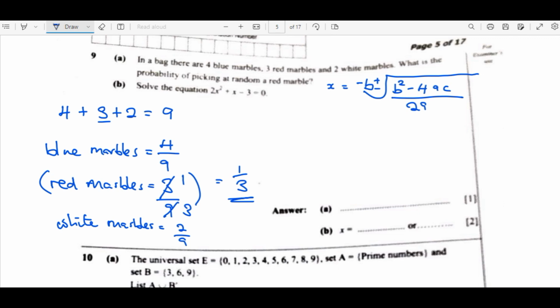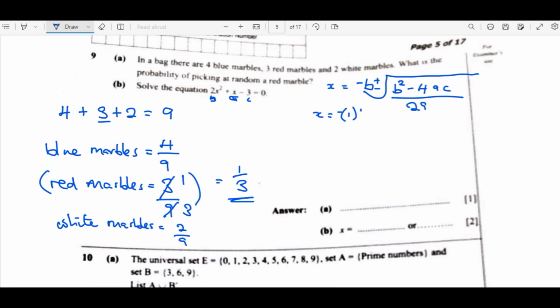The first one is a, then we have b, and then we have c there. So we can substitute.